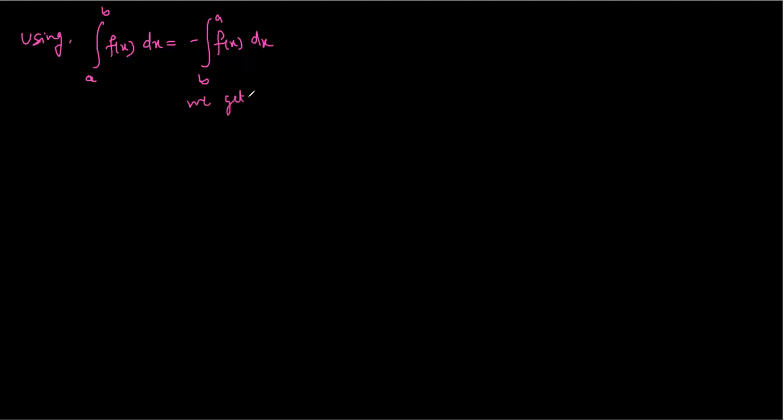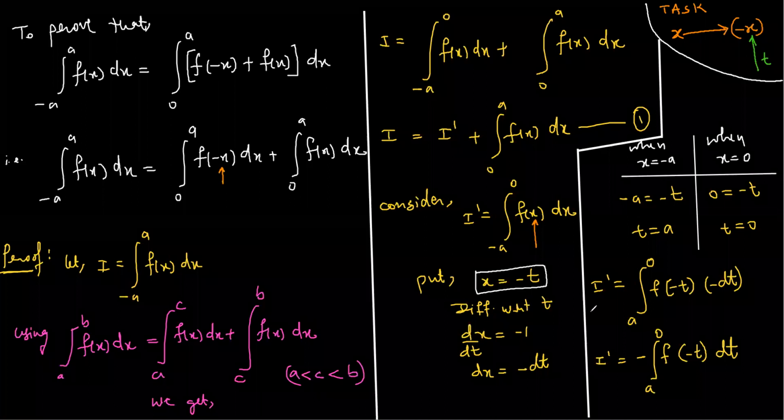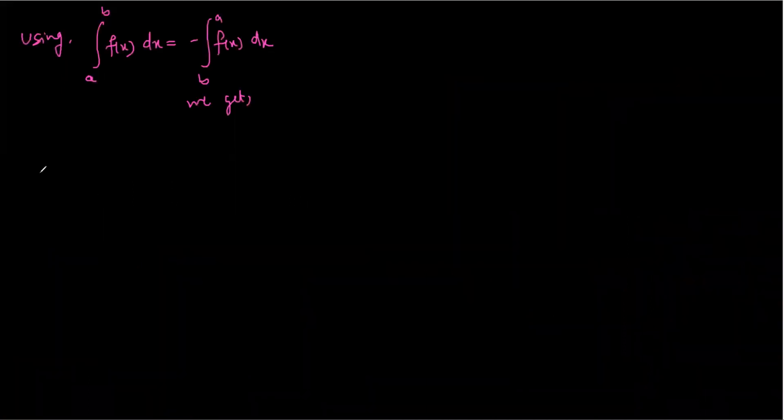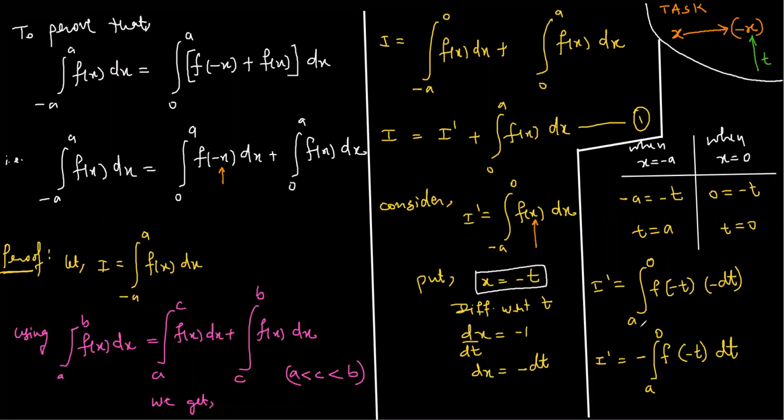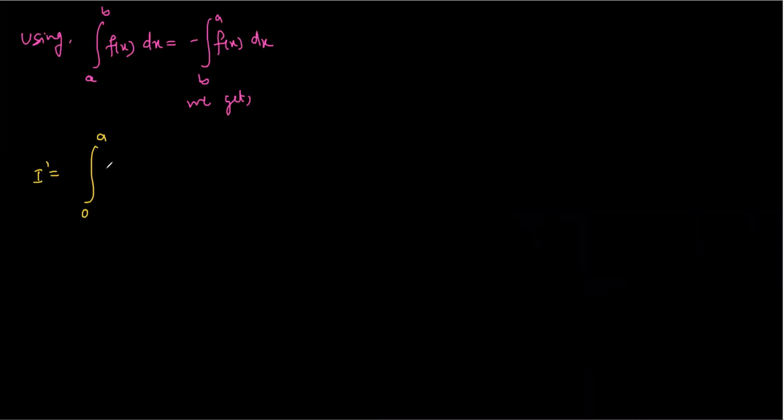We get I dash equals to 0 to a. Remember, it was a to 0 and outside you had a negative sign. But now that negative will not come. So 0 to a and you have f of minus t dt.